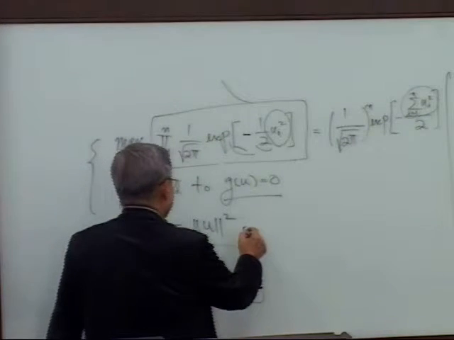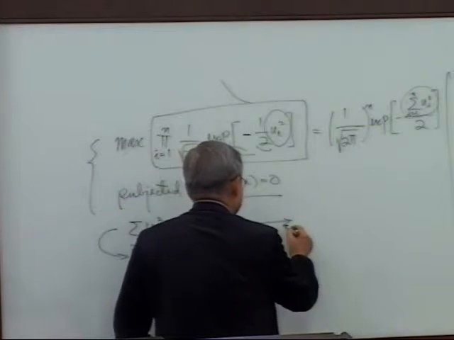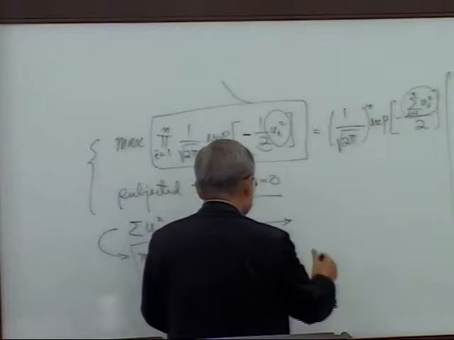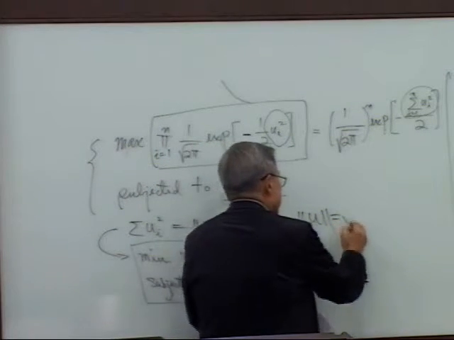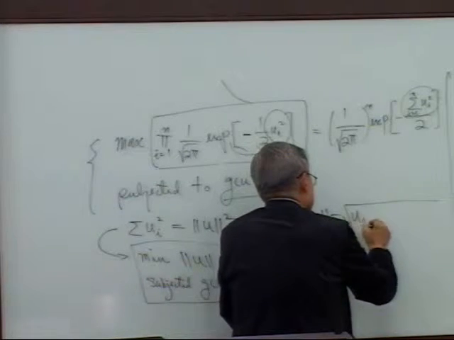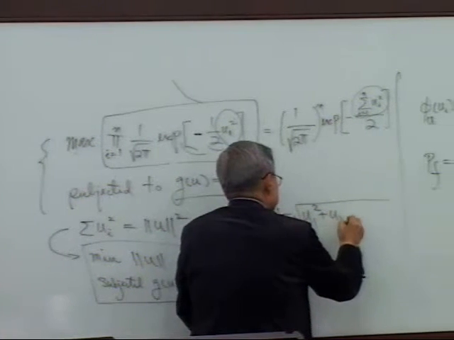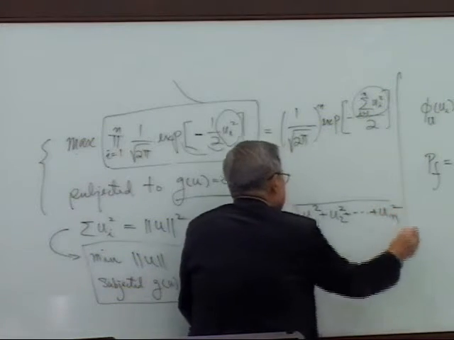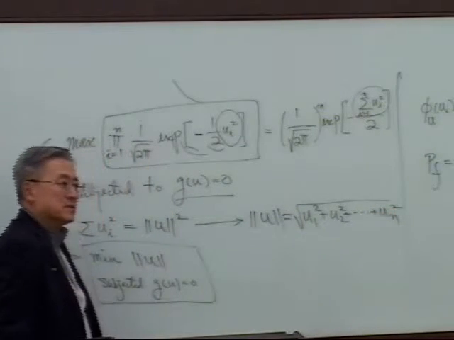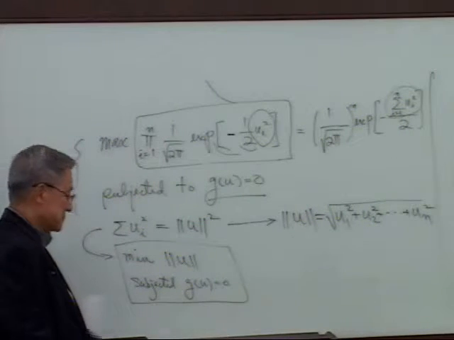So from here, what I can tell you, u is simply the distance, which is u1 squared plus u2 squared plus all the way through un squared.